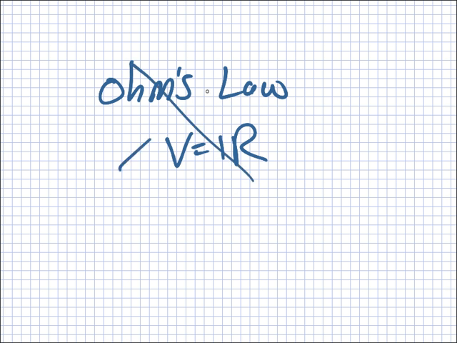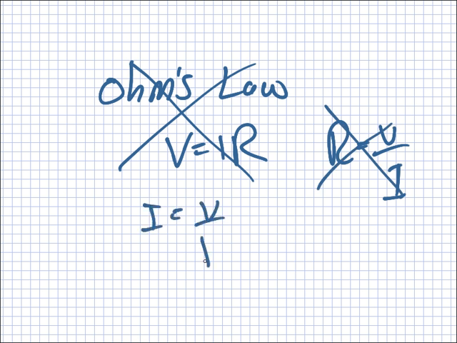No. Maybe people think I equals V over R is Ohm's law. No, this is not Ohm's law. Ohm's law is just a sentence. This is a very common mistake, even with teachers.